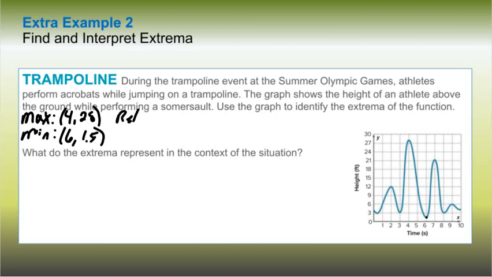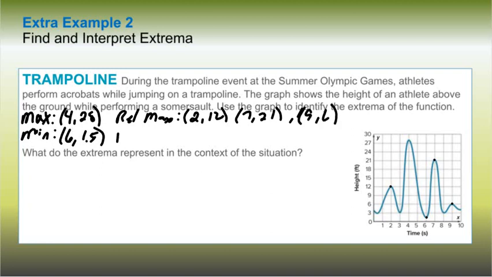Then relative max. So high points, just not the highest points. That would be (2, 12). And that would be 7 and we'll make that 21. And we have (9, 6).